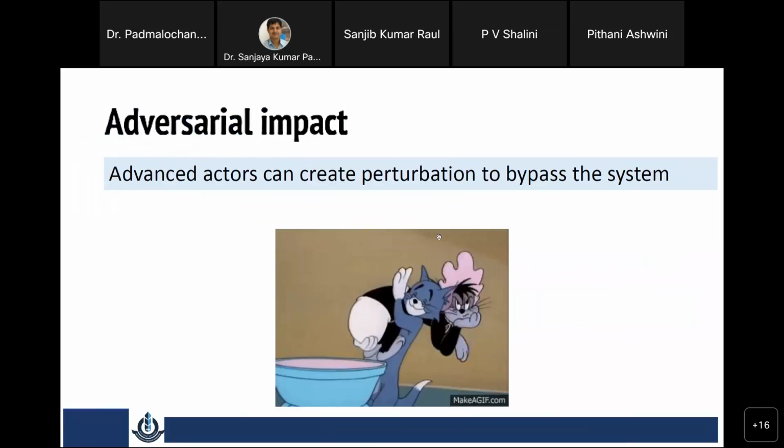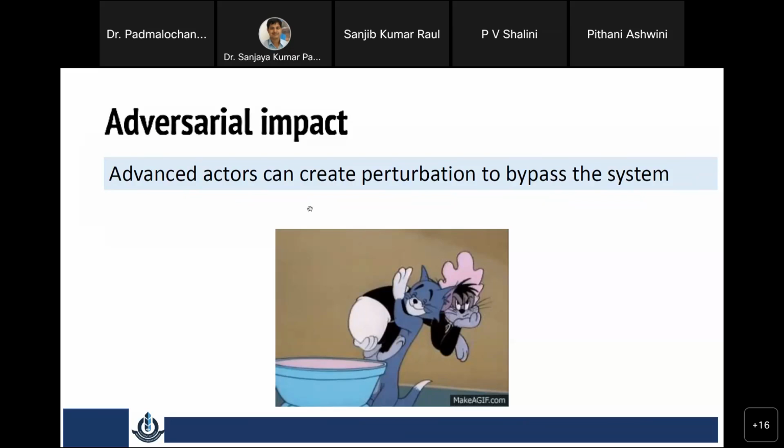So your training data sets using which you are training your intrusion detection system, or the features which you are using for developing your IDS algorithms, those have to be perfect.